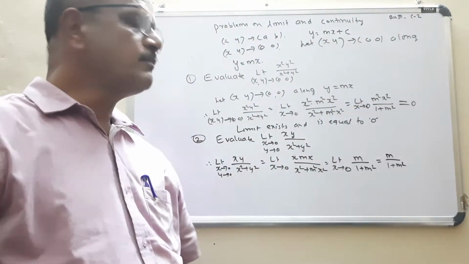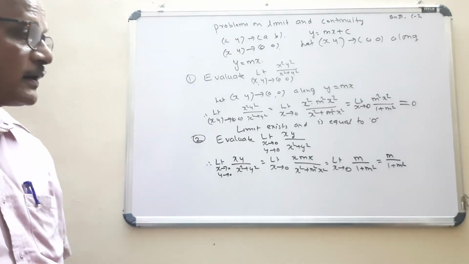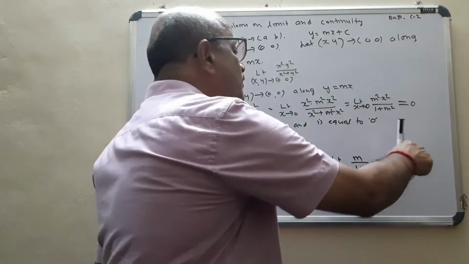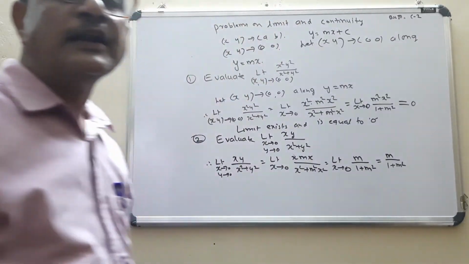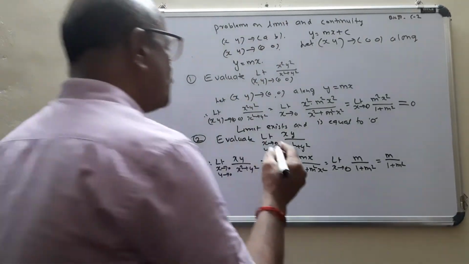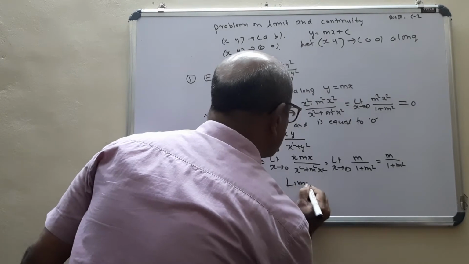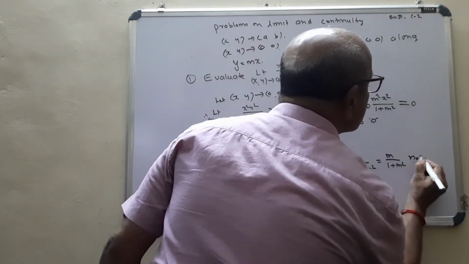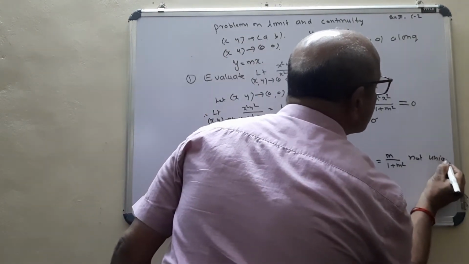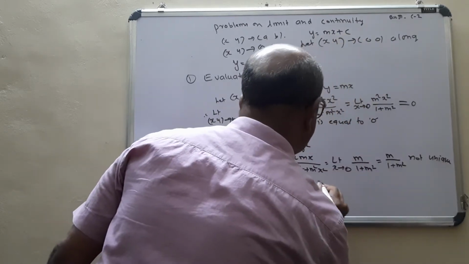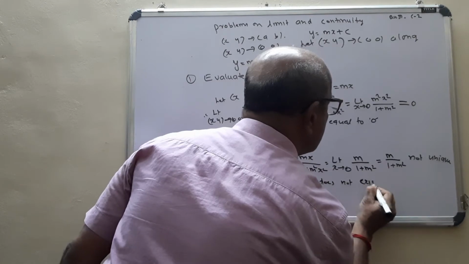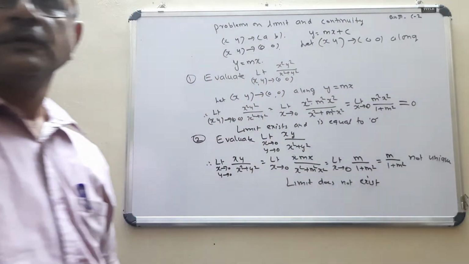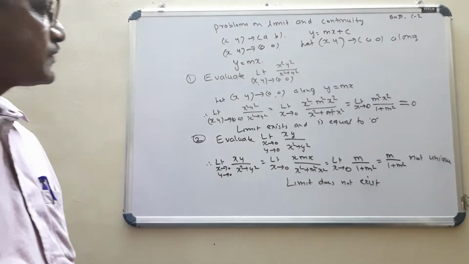So here m is a value, but remember the right hand side depends upon m. So it is not unique. Therefore, we say that the limit does not exist.